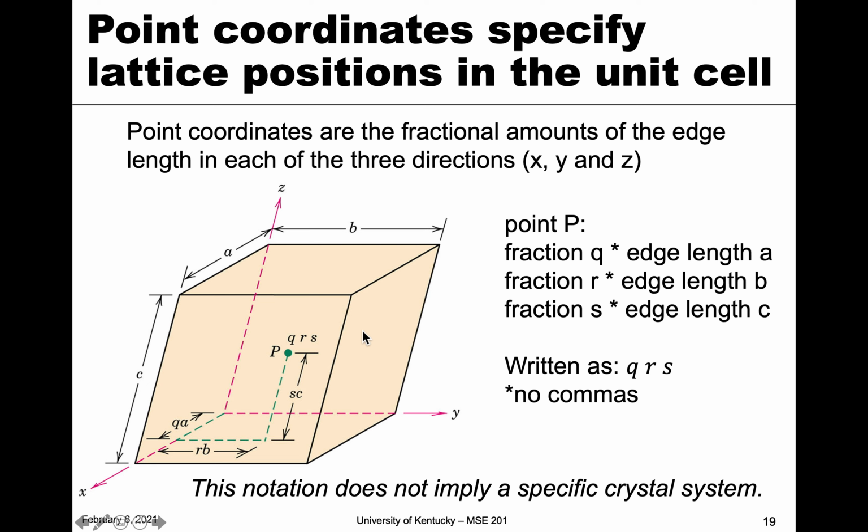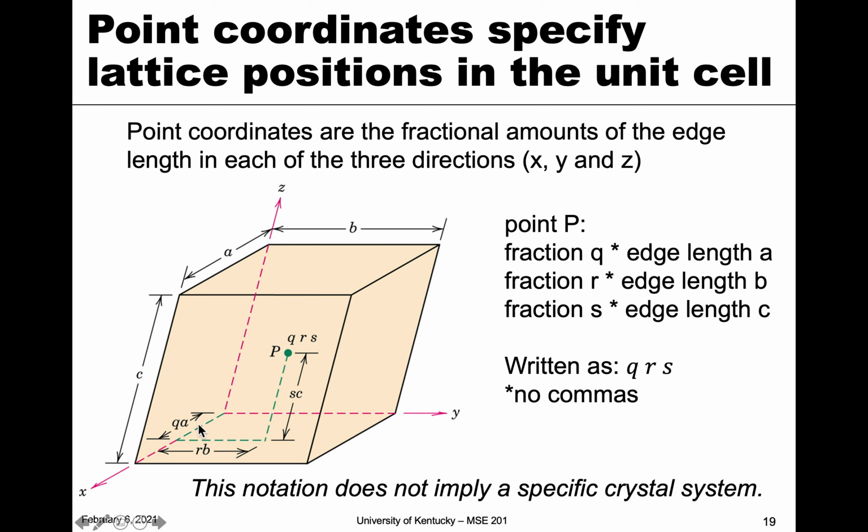So the example we have here from the book is a point P within the unit cell. The way that we look at point P is by the fraction q in the direction of the edge length a. So that's along the x-axis.